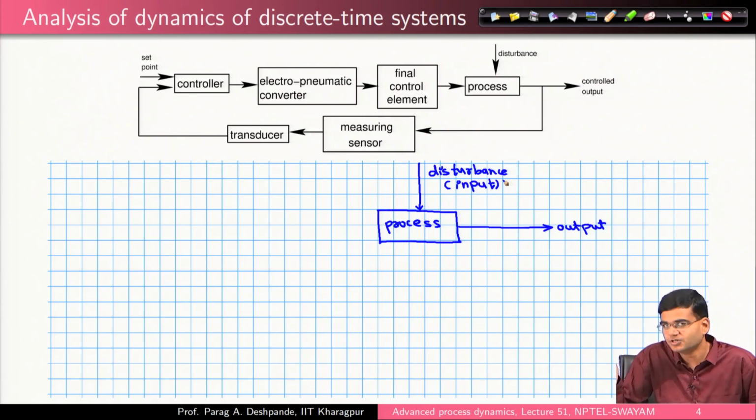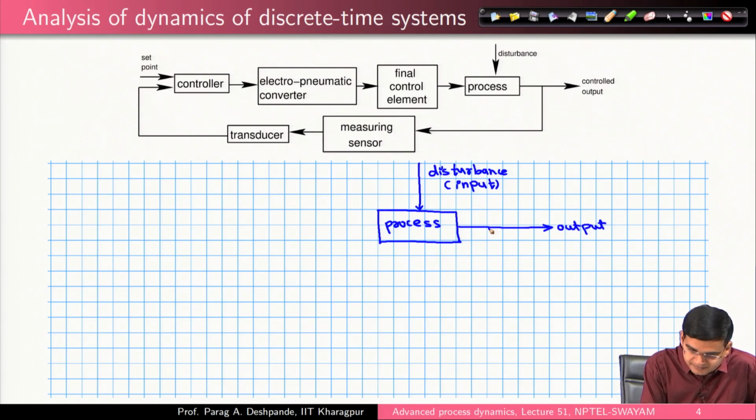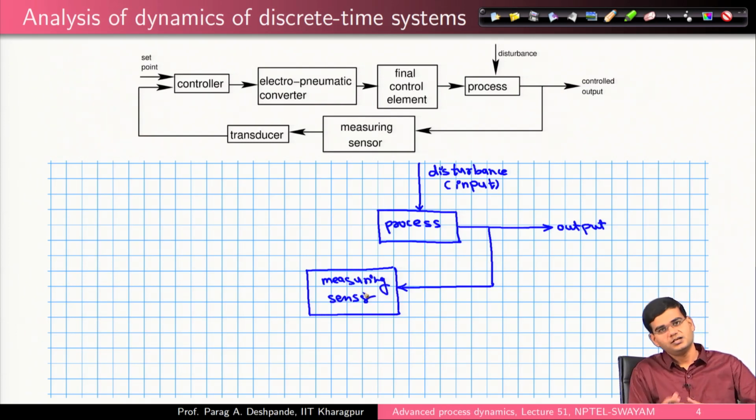So, my output, the ultimate output of my system is the jacket temperature, is the reactor temperature, and that reactor temperature is sensed by the measuring sensor, in our case the thermocouple.